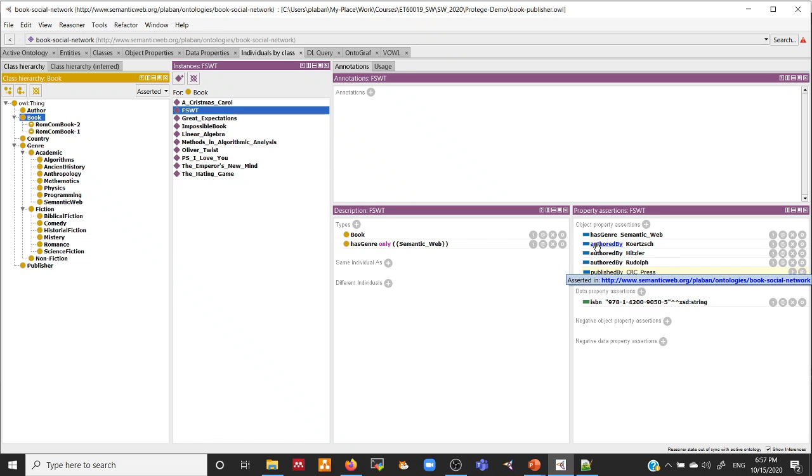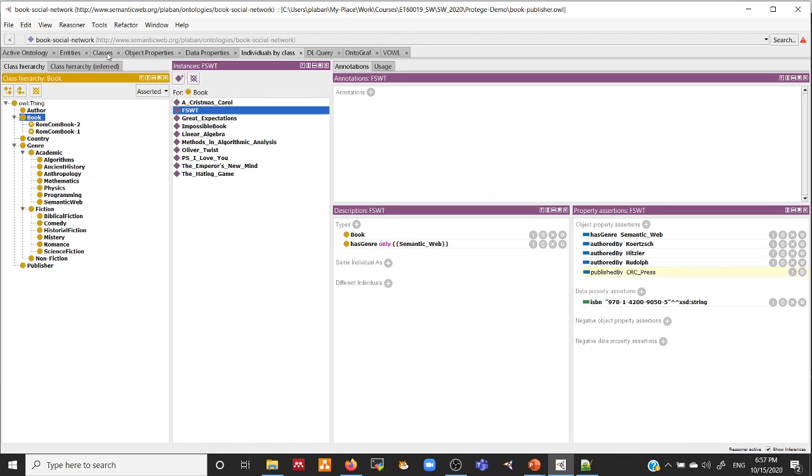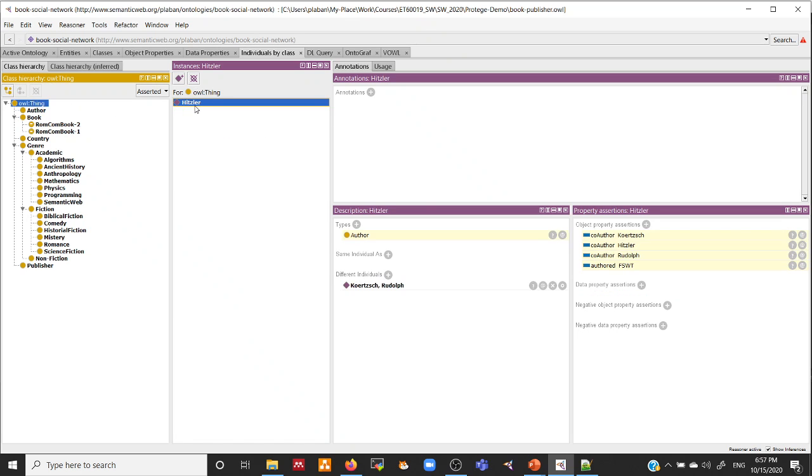If we run the reasoner at this point, and then look at the properties of the authors, for example Hitzler, you can see that we have inferred co-author. Hitzler has co-author Coates, co-author Rudolph, etc. So this is what we can infer.